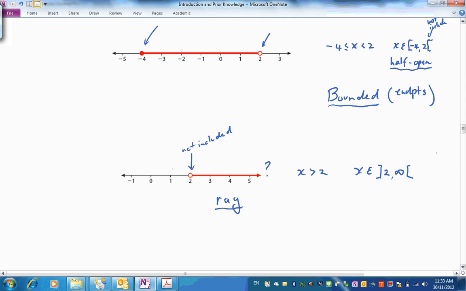We can do it like that for that particular type, showing that it's not including the 2, and of course you can't include infinity. There's no end point to that one there. So that's our notation in that case. So this is really what we would say is our first example of an unbounded set or interval. It hasn't got bounds on both ends.